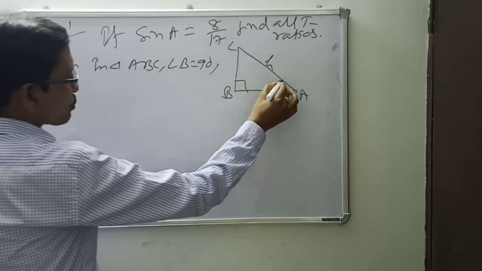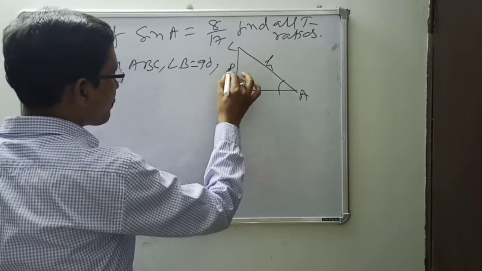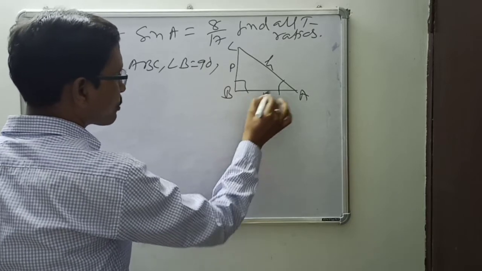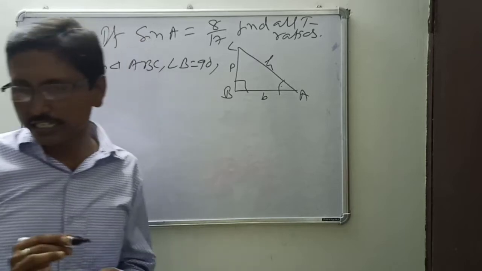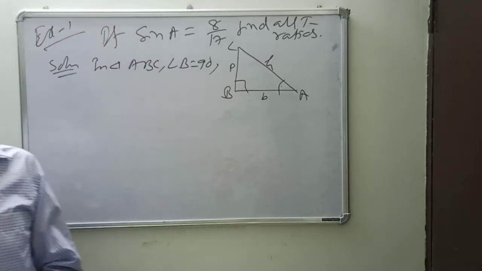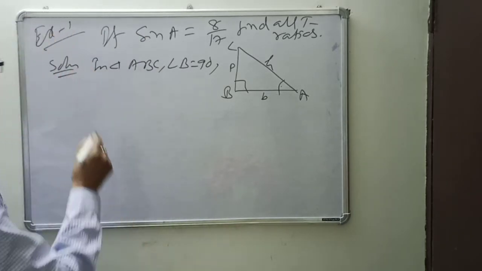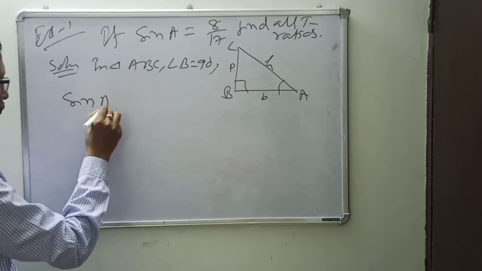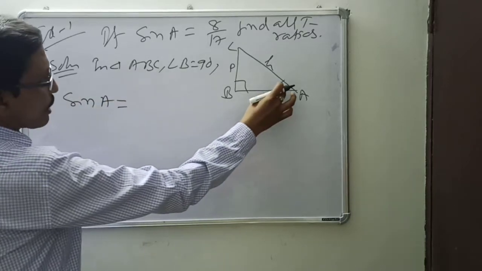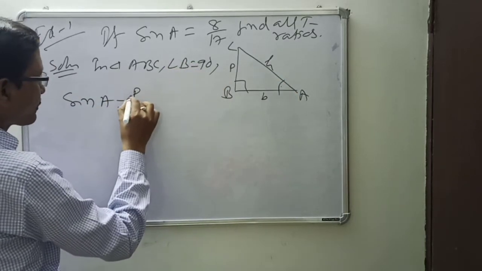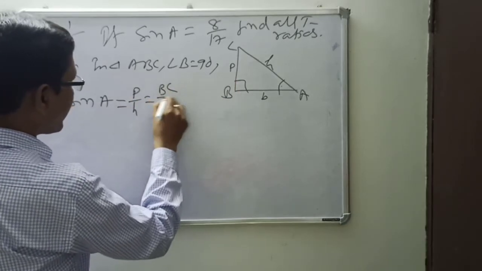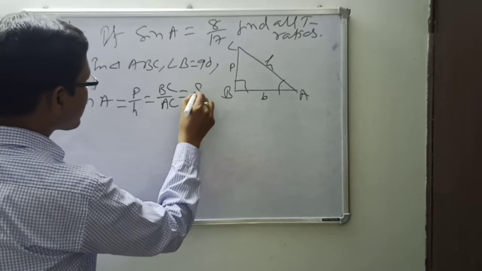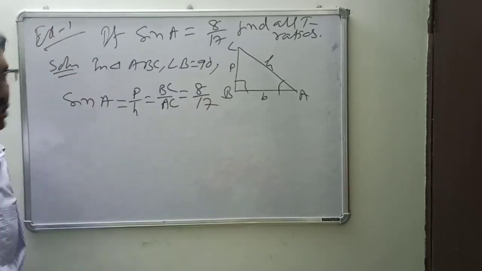With respect to this angle, the opposite side is P, and the third side that is left is B. Now we have to go. It is given sin A. sin A means P by H, so sin A is BC by AC, and that is equal to the given 8 by 17.